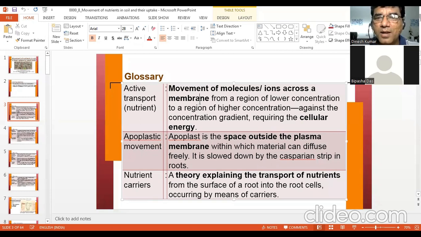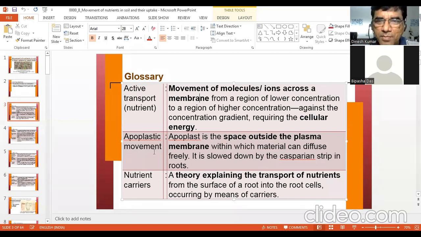See, if you have a boat moving on water, if it is moving in the direction of the water, then it is fine. And if you are moving your boat against the flow of the river, then you have to put in a lot of energy. So similarly, it is against the gradient. Therefore, you need energy.